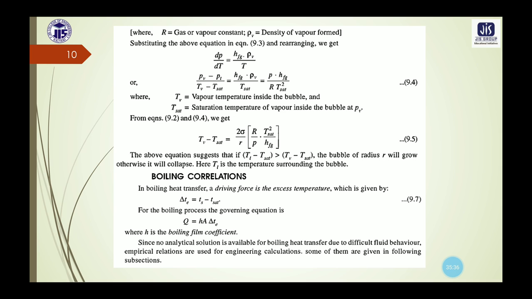For the boiling process, the governing equation is Q equals h A into delta T excess, where h is the boiling film coefficient. This is similar to Newton's law of cooling that we studied in the convection rate equation.